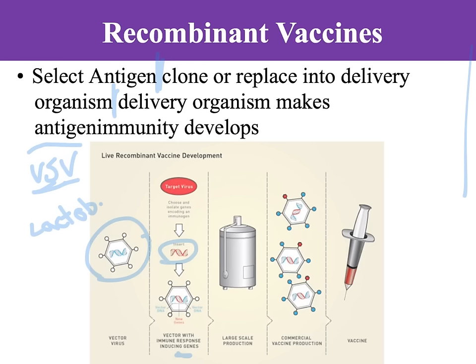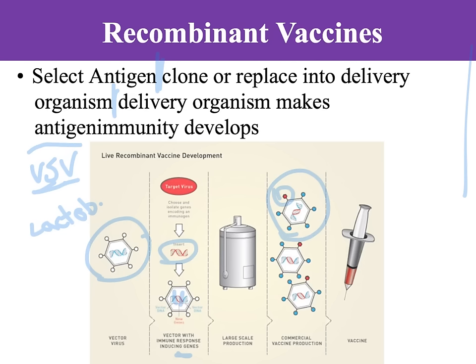And basically what you wind up with is a virus that's chimeric in a way. It'll have a genome that is mostly VSV and just has this one gene from some pathogen of interest. And so what you wind up with, again, are these chimeras over here, where they're essentially VSV, but then they have this one antigen on their surface.